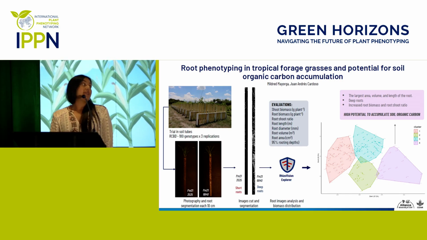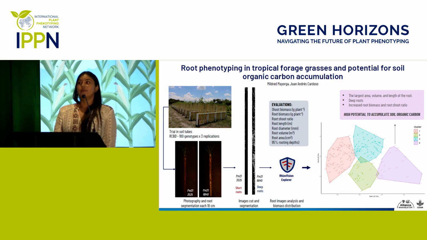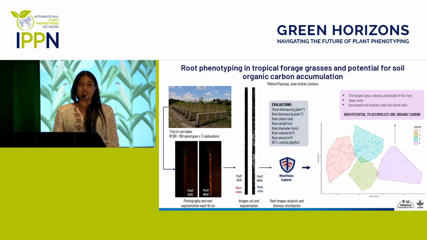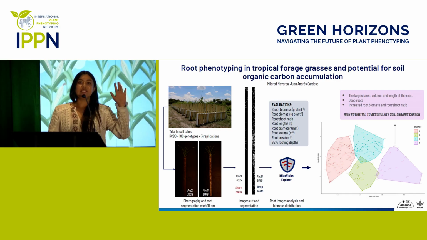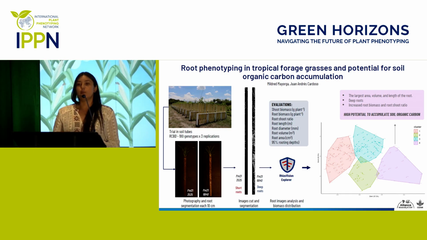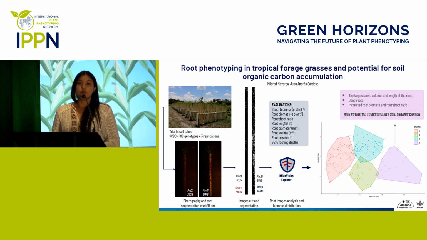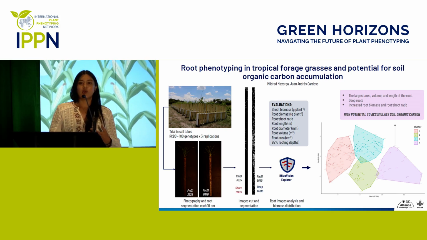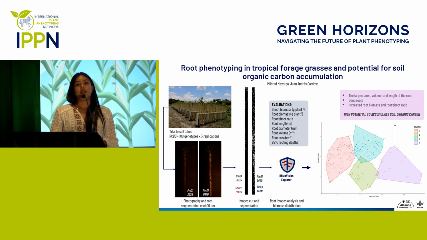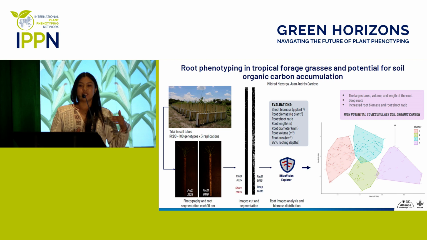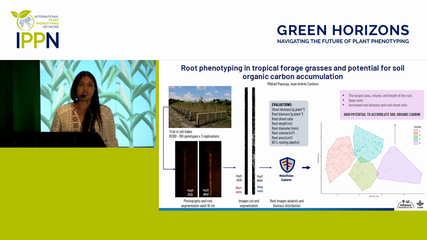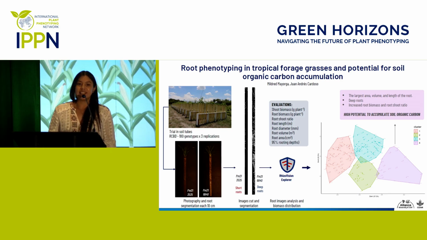The evaluated genotypes included accessions and hybrids of 5 different species of tropical forage grasses. Root phenotyping was performed using root images that were segmented and processed using root image analysis software to quantify morphological traits.